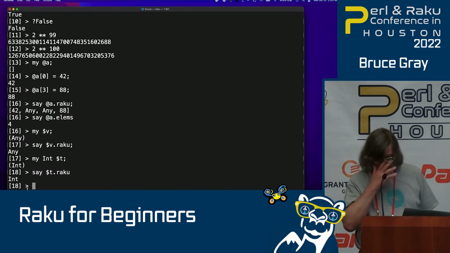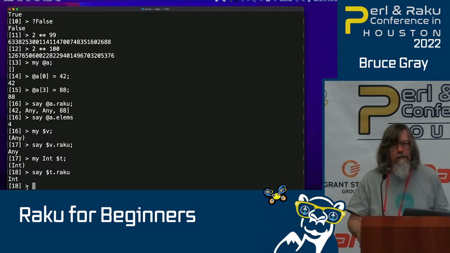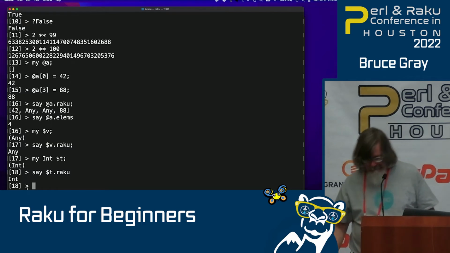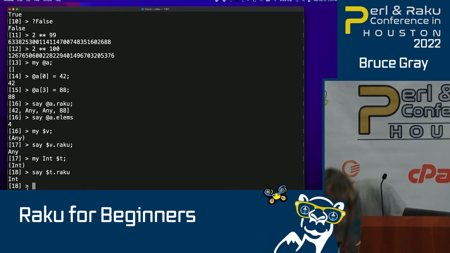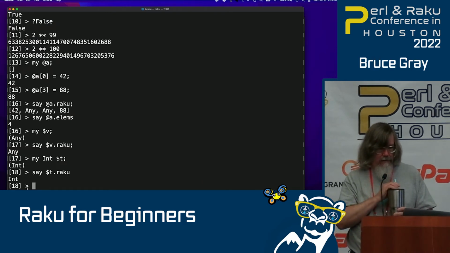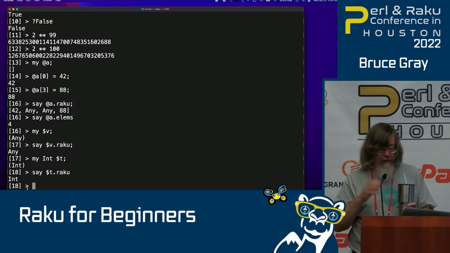So what's happening here? In Raku, we have multiple types of undef. And any type, if it's just what we call a type value, which is normally represented by the type name surrounded by parens.